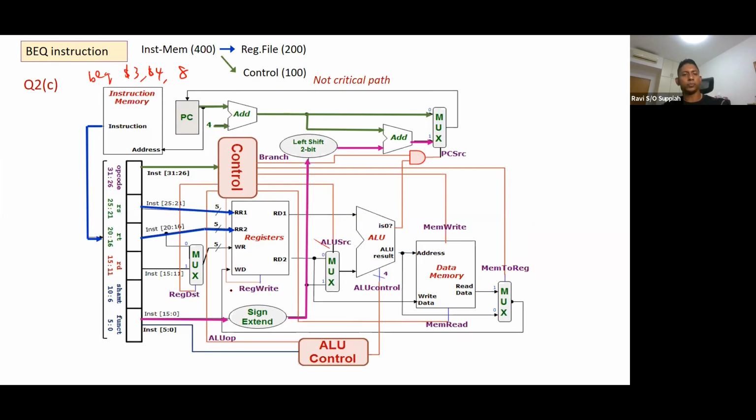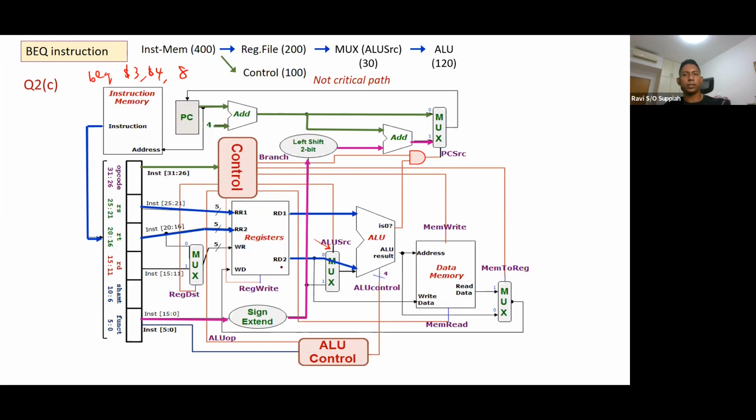So I need to extract both RS and RT. So that is the register file. After that, I need to pass through. In this case, the ALU source has to be factored in because only after RD2 is ready can I pass it through to the next stage.